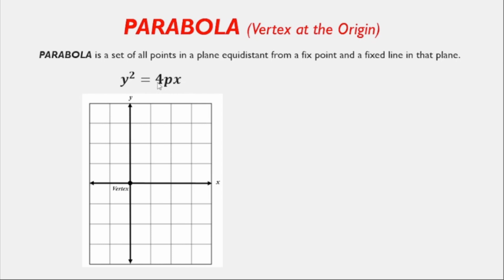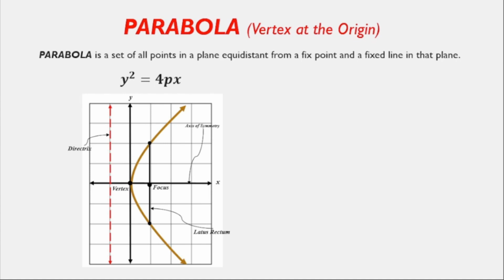Since this is positive, this gives us an idea that the parabola opens to the right, because the directrix of the parabola is parallel to y. This gives us an idea that when y is being squared, then the directrix is parallel to y.